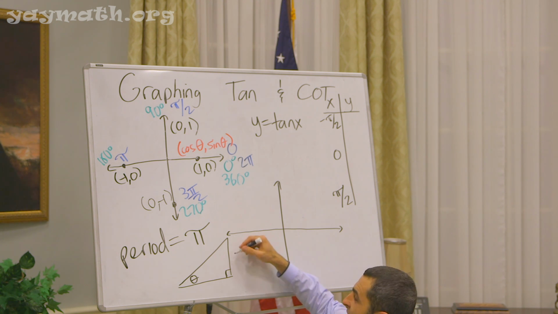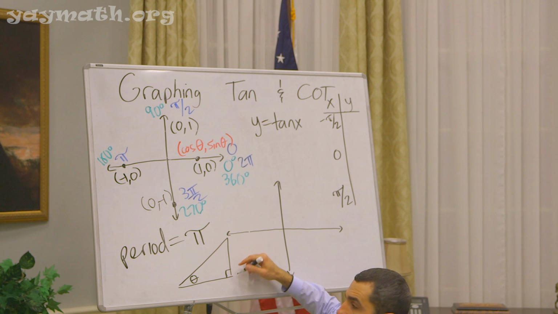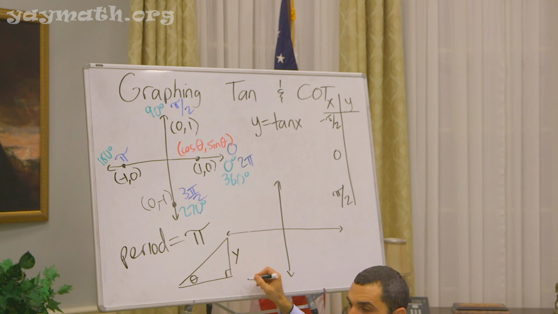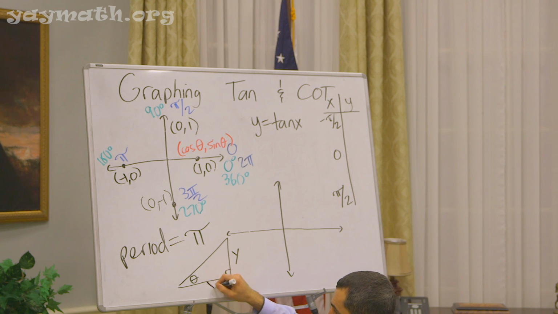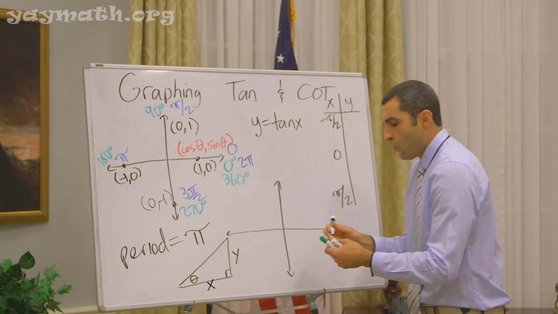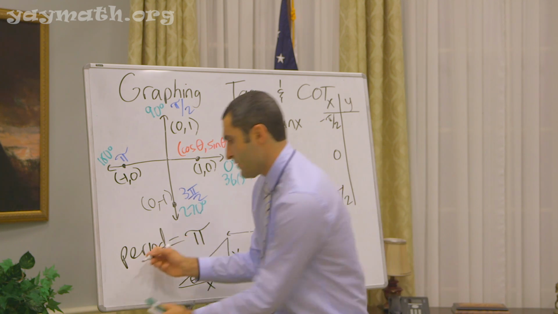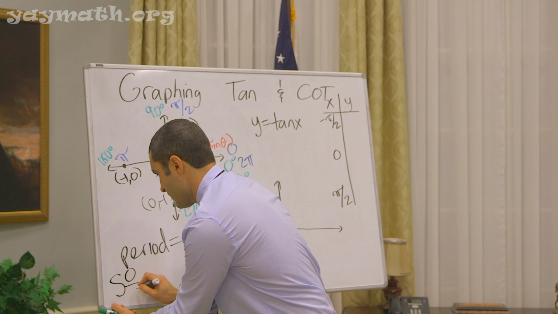This is up and down. Is it X or Y? That's Y. This is left and right. That's X. What is the definition of tangent? What over what? Opposite over adjacent.